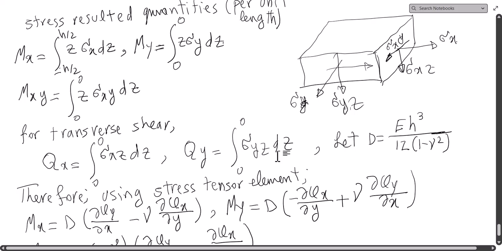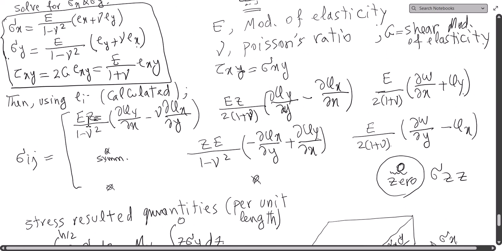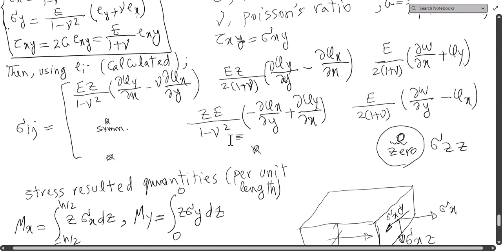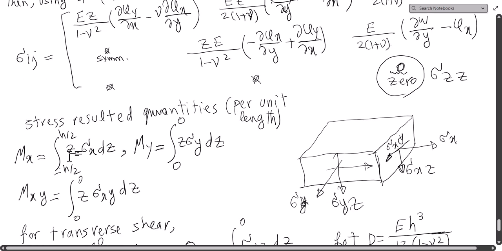Okay, so sigma yx. Now during the integration, we collect the constants, because here you get a z square. If you go back here, we have a z in each component of these stresses and multiply, so we get the integral of z square over the depth, and that gives you some constants.